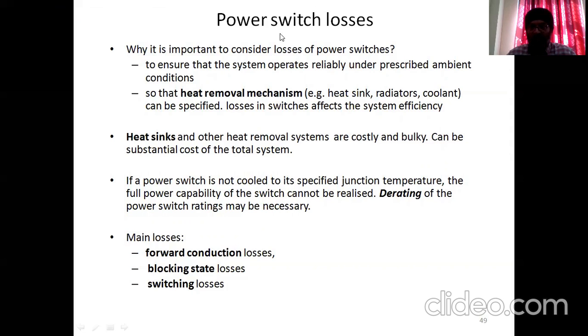Practically, we have some power switching losses. Mainly these power switch losses are forward conduction losses, blocking state losses, and switching losses.